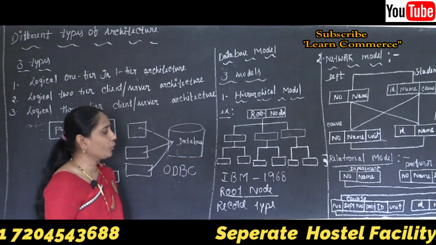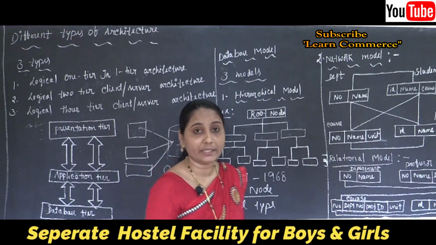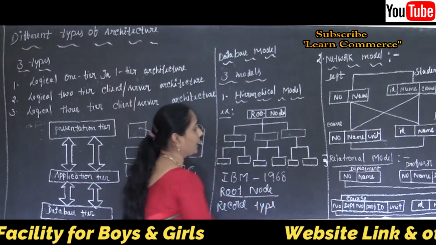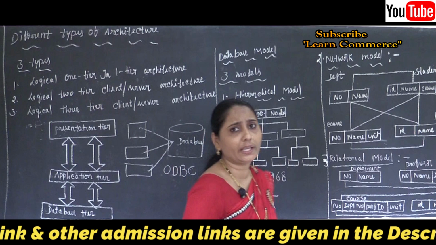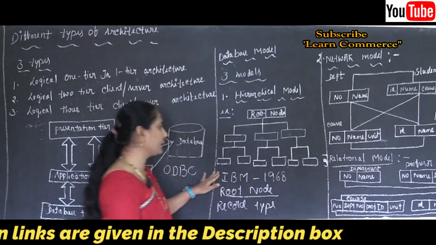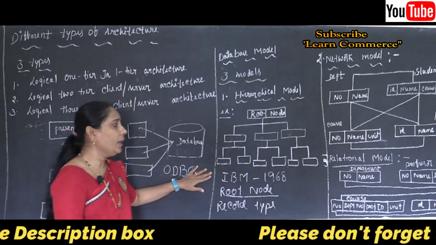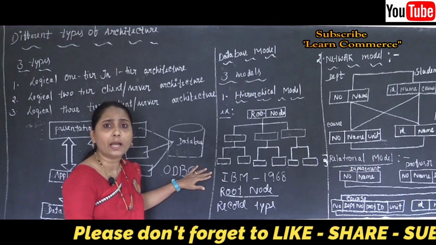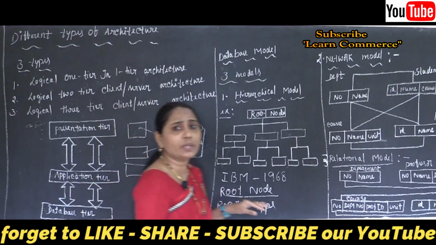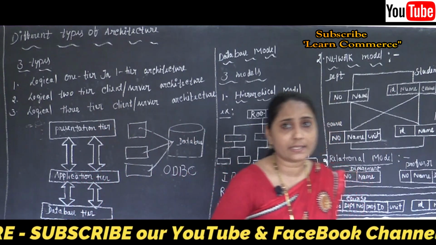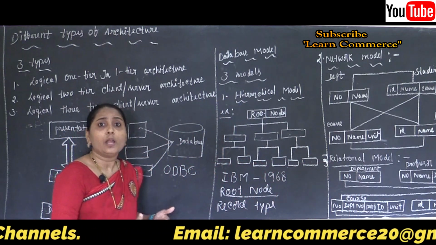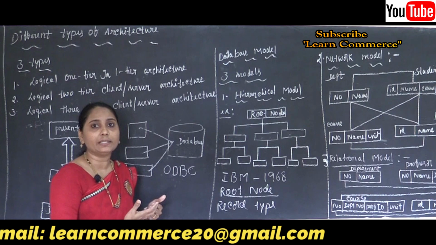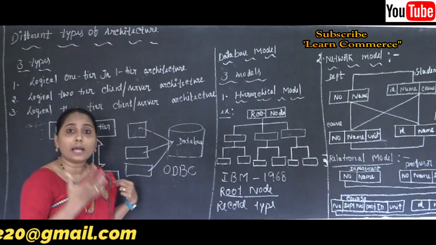Now I want to tell about the advantages and disadvantages of the hierarchical data model. So what is the advantage of the hierarchical data model? We can say it gives direct access, meaning whatever data we are going to access, we can access it very quickly from the hierarchical data model.